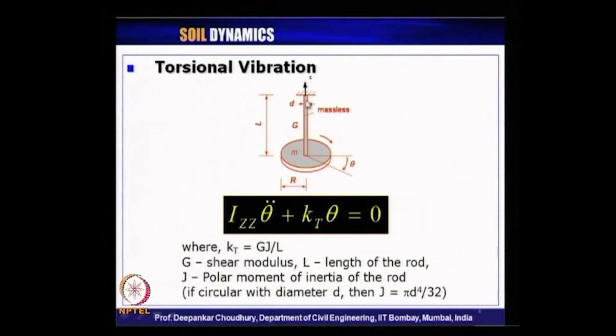If we consider the circular cross section of the rod with diameter d, we can compute the polar moment of inertia J as pi d to the power 4 by 32. Okay. So, with this background of yesterday's lecture, let us continue to solve the problems we had been solving.